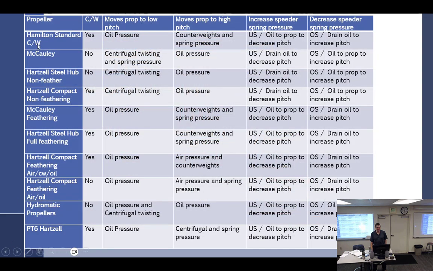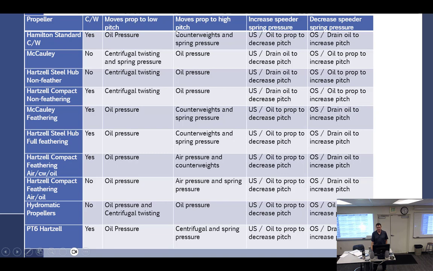And then I'd made this chart at one point because in my lecture, I went through all these different props and I realized I was making it way too complicated. I could just lump props into major categories and it worked just fine. So what it is, like we have the Hamilton Standard. Is it counterweighted? Yes or no? What moves the prop to low pitch?